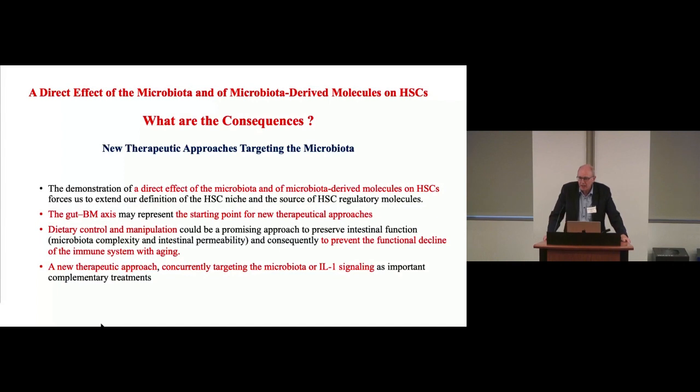If we take care of ourselves, then we will have a healthy gut microbiota, and actually I am saying that the gut-bone marrow axis is the starting point for the new therapeutic approaches. And these approaches also, of course, then address downregulating interleukin-1 signaling in this axis.